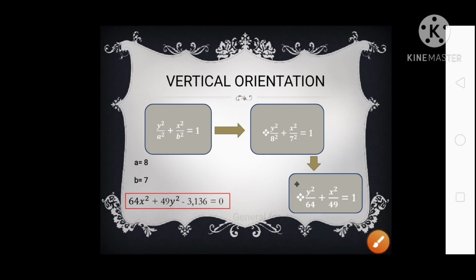So now, that is our general form: 64x squared plus 49y squared minus 3,136 is equal to 0 if our orientation is vertical.